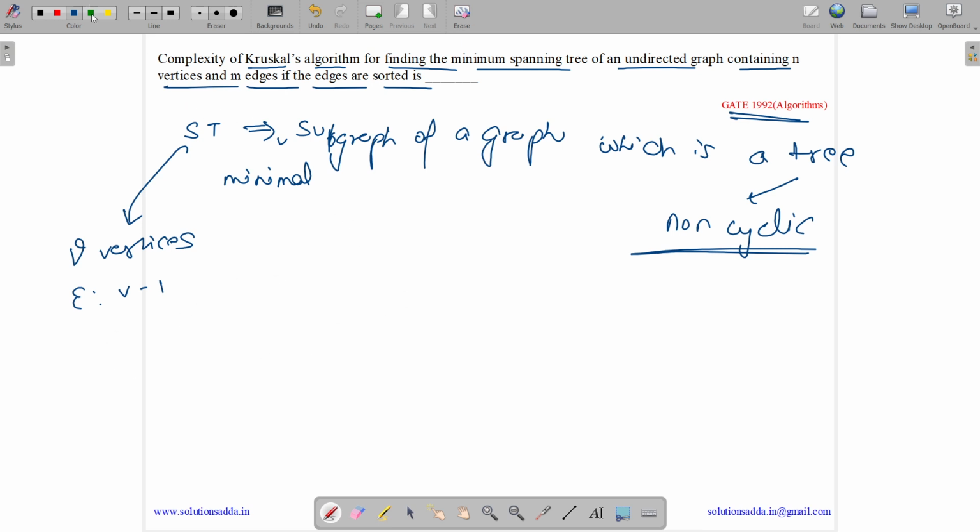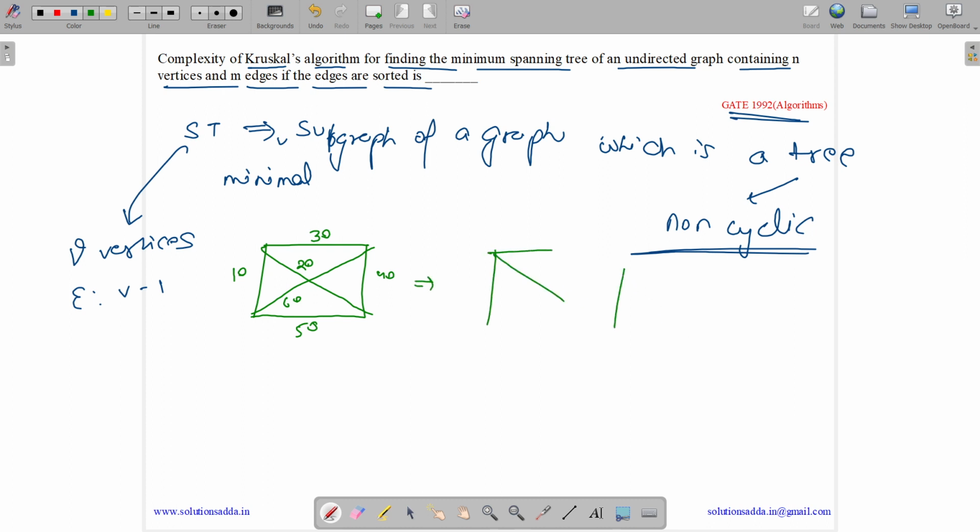Now there can be many spanning trees possible. Suppose this is the graph and the edge weights are 10, 20, 30, 40, 50, and 60. So we can have various spanning trees like this one, or like this one, but the cost will be different.